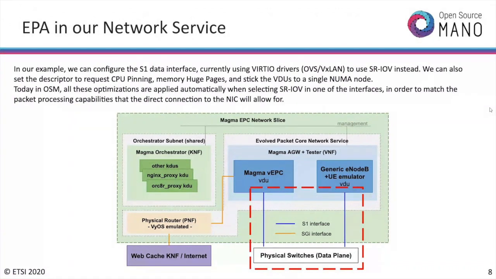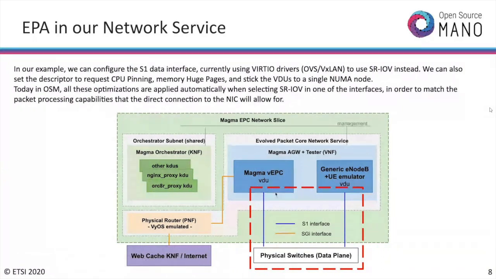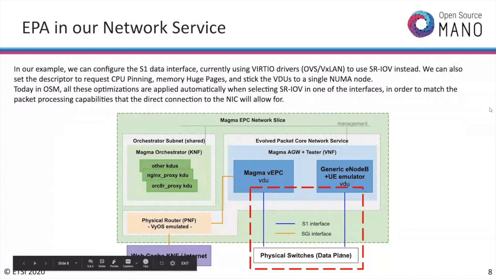and hopefully most of you can instantiate with SR-IOV. What we are doing then is taking this S1 interface between the packet core, the access gateway, and the emulator to SR-IOV, and this will go through a data plane of switches instead of going through a virtual interface.